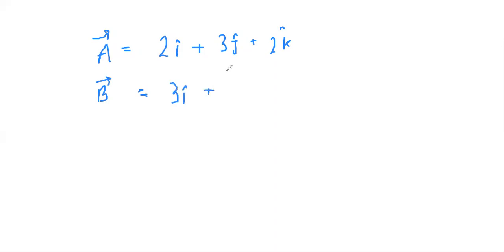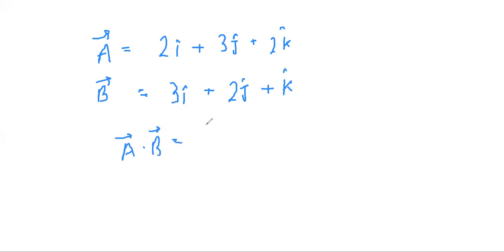So for example, if you have a vector A equal to 2i plus 3j plus 2k, and you have one more vector, B vector, equal to 3i plus 2j plus k, and you want to find A dot B. So what you do is simply multiply the components of i, j and k.